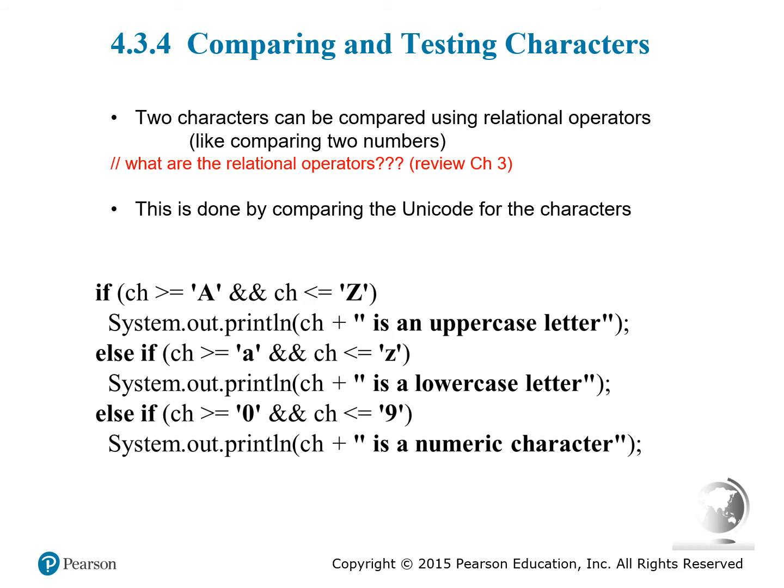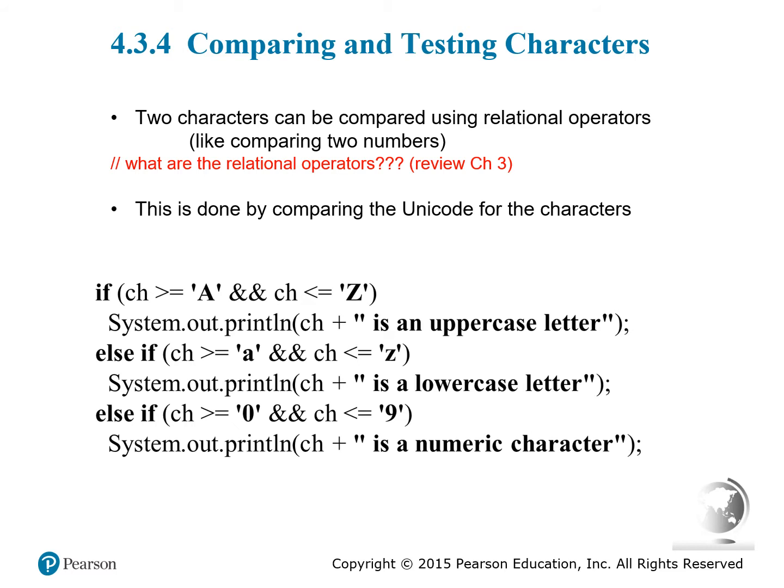The code that we see in this slide determines if the character ch is an uppercase letter, a lowercase letter, or a numeric character. You'll notice that the single quotes are used when comparing the character ch to the uppercase A or the uppercase Z, etc. This is because they're characters, not strings.